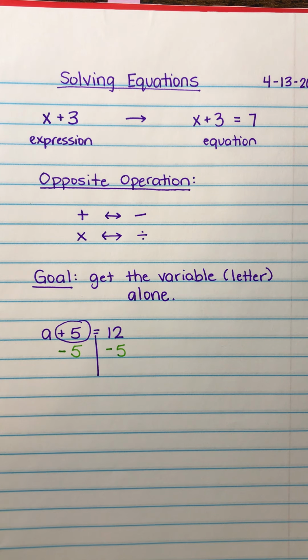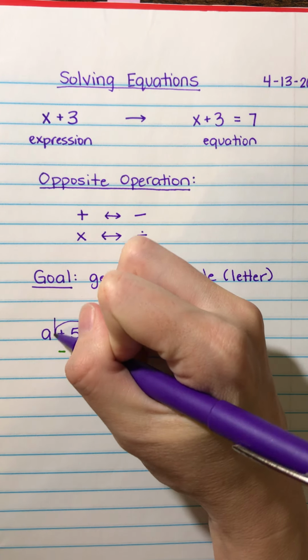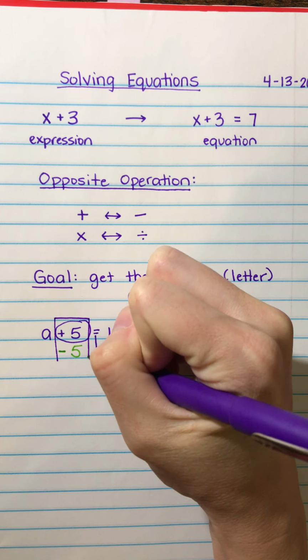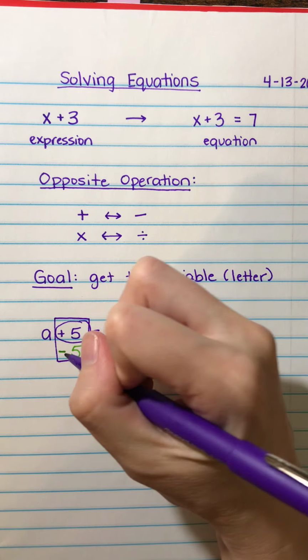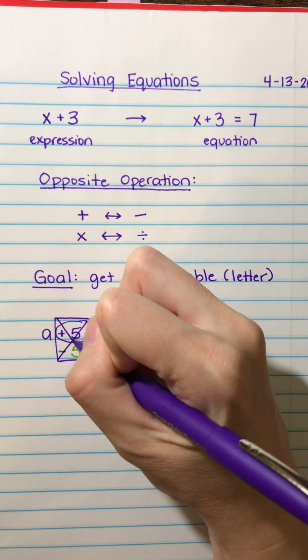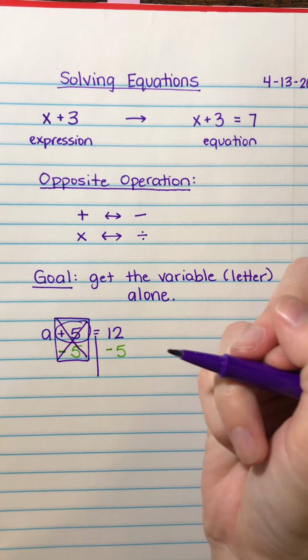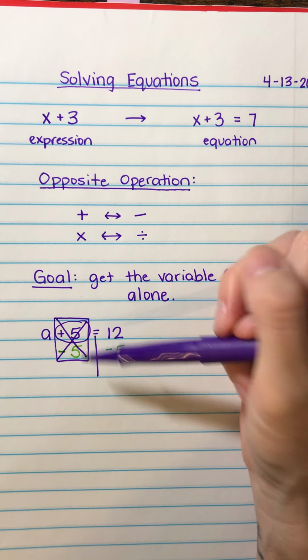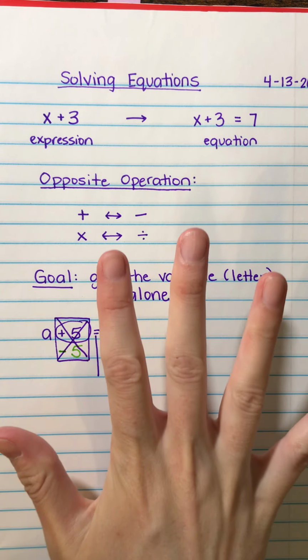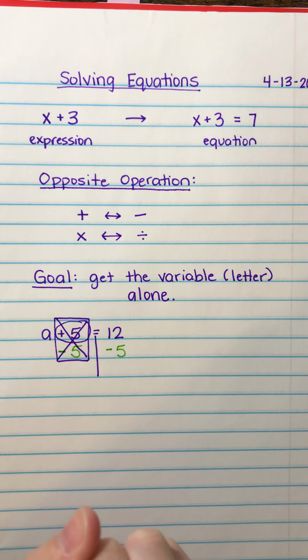Now what happens here is this plus 5 and minus 5, we say they cancel each other out, which means they go away. You can think of it like magic, but really if I had 5 things and I took 5 away, I have nothing left, which is my goal.